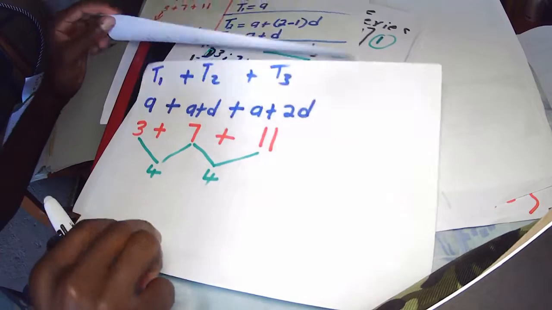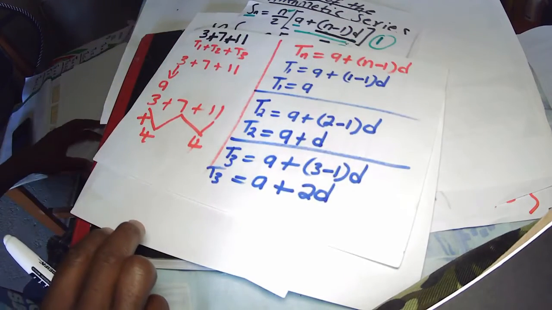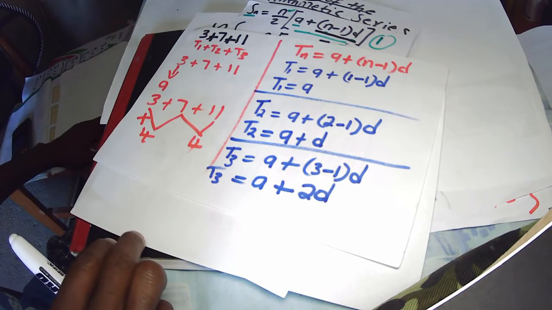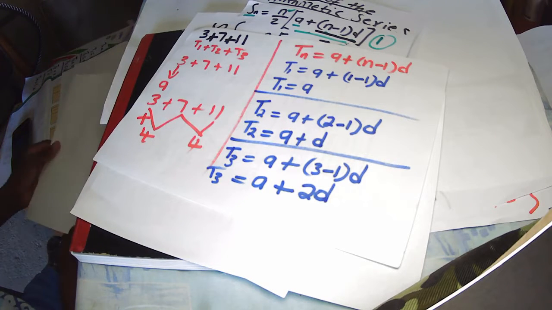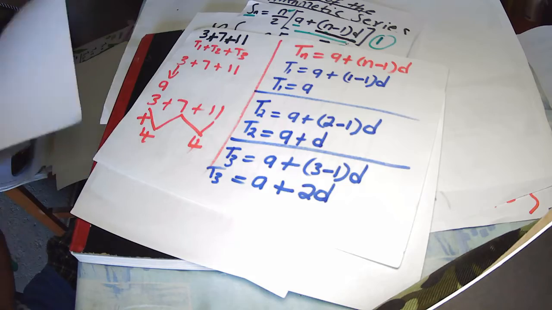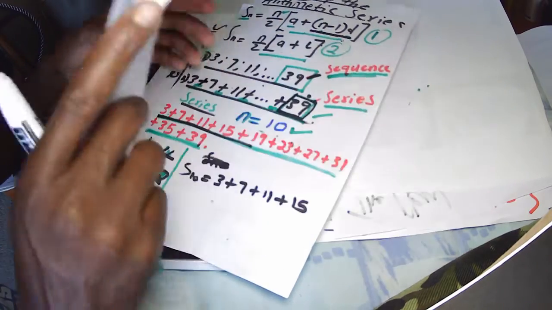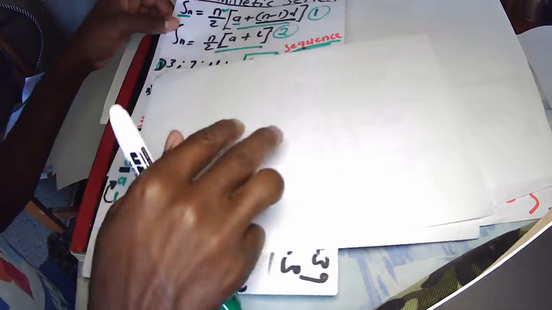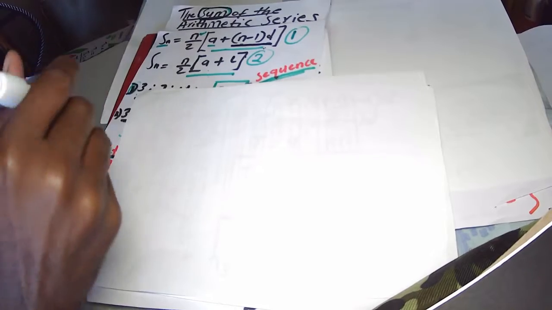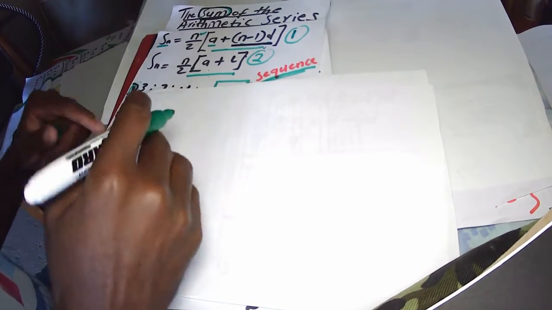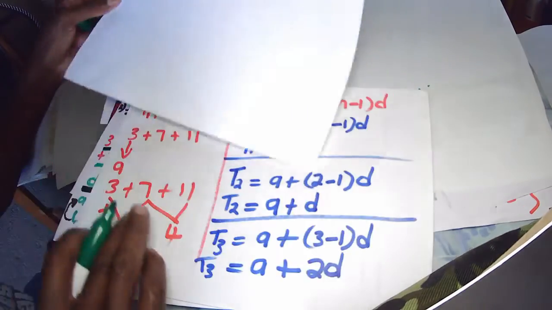Now, what am I trying to achieve here? We are trying to prove the formula, or calculate the equation, let me put it that way. We want to get the sum.